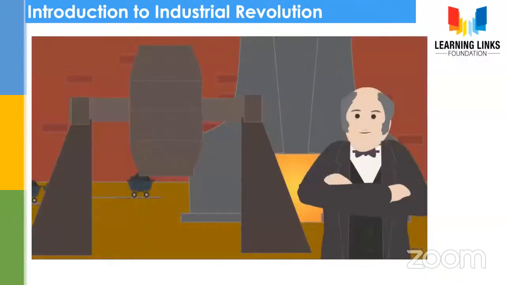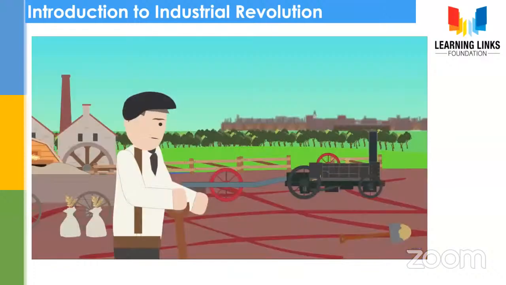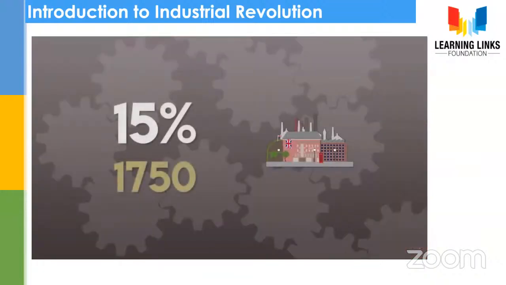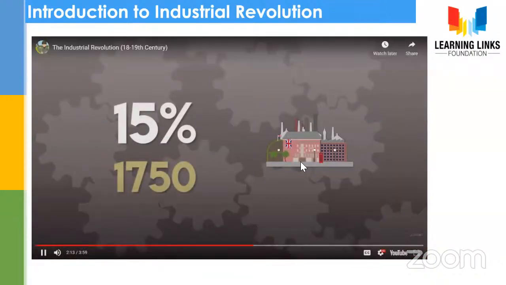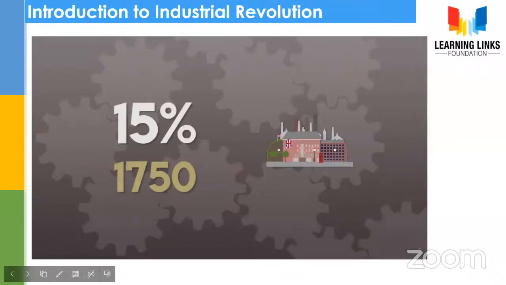The iron industry developed with Henry Bessemer's inexpensive process for mass-producing steel. Iron and steel were key materials for constructing the tools and machinery, steam engines, and ships needed for industrial progress. Industrial labor opportunities drew people to the cities from the countryside, to such an extent that in 1750, only 15% of the population of Britain lived in towns.